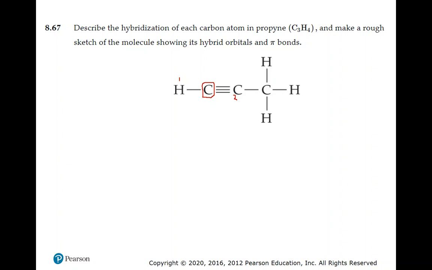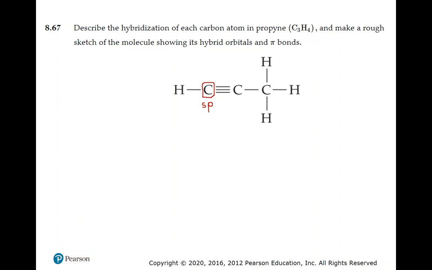And there are no lone pairs here, so it's just those two charge clouds. So, since this has two charge clouds, this is going to be sp hybridized, if you remember from the previous chart. So that's our hybridization for that carbon.